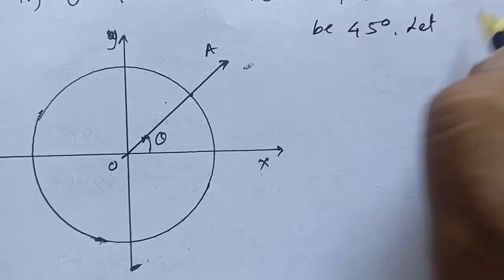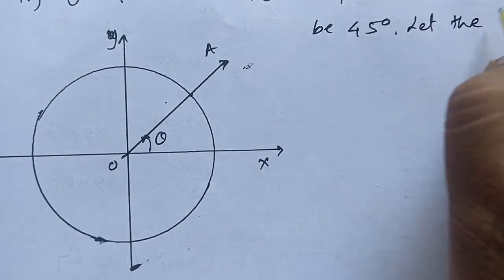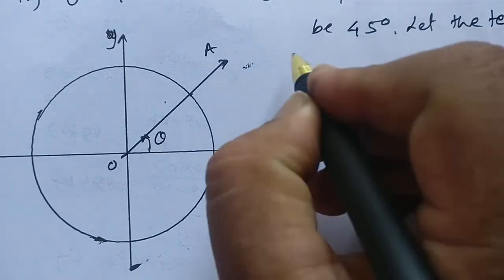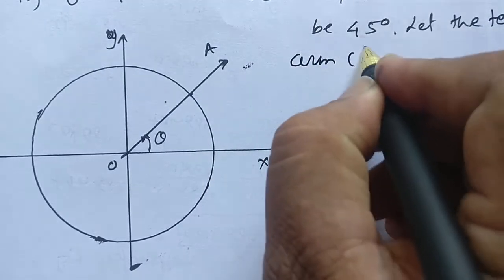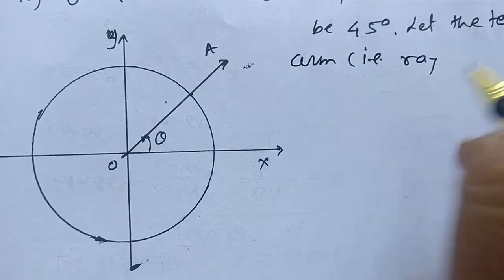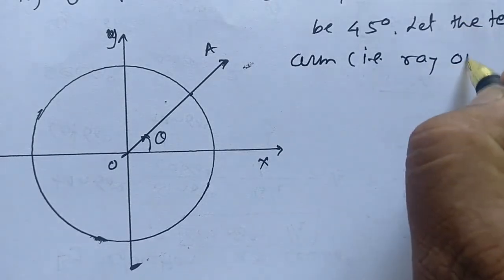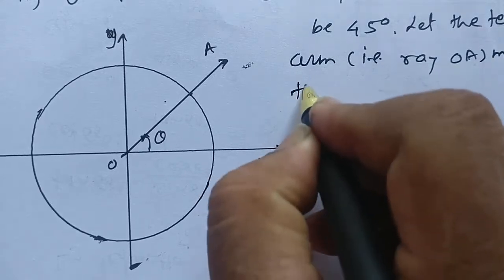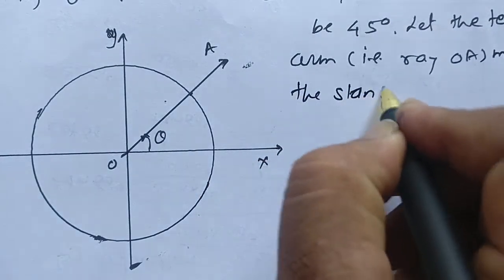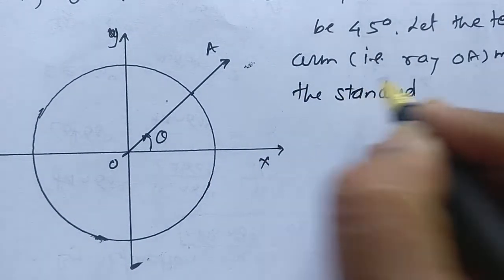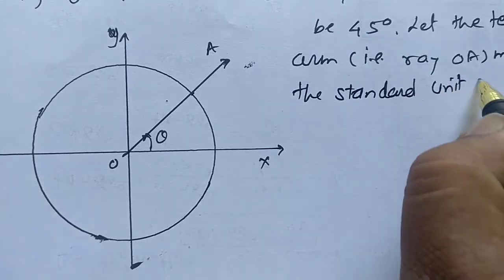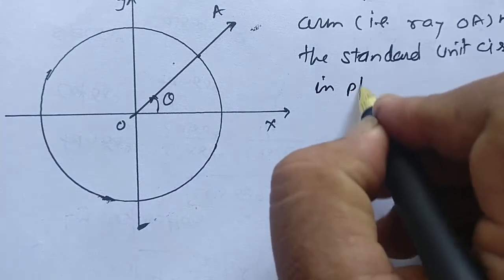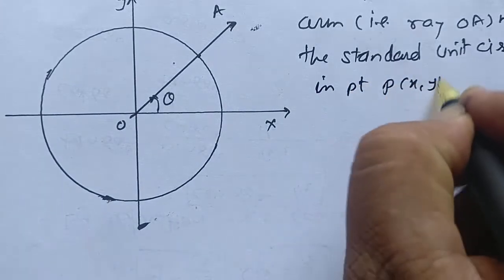Let the terminal arm, that is ray OA, meet the standard unit circle in point P (x, y).